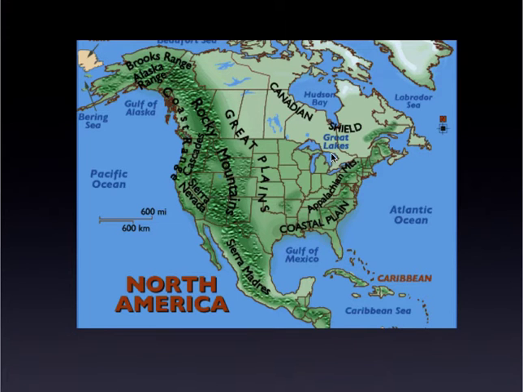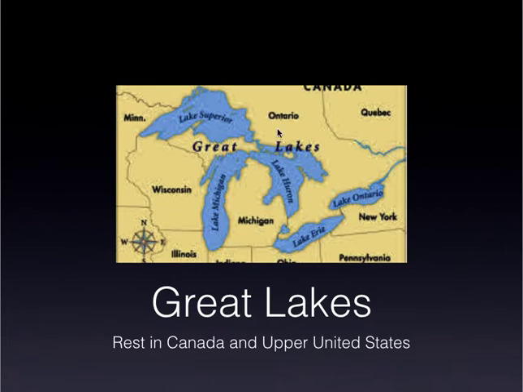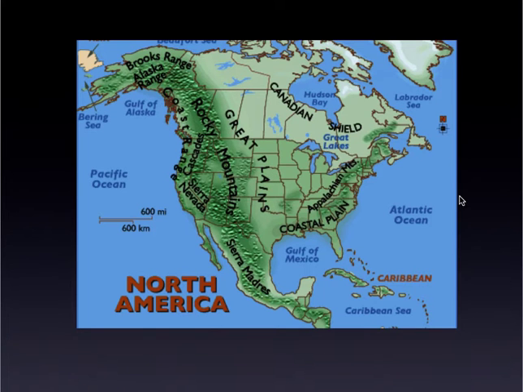Now we're going to go into the Great Lakes, which kind of goes around Canada, which is up here, and then North America. Great Lakes consist of Lake Superior, Lake Michigan, Lake Huron, Lake Erie, and Lake Ontario. Those 5 Great Lakes are so unique that they cross over two countries, Canada and America.